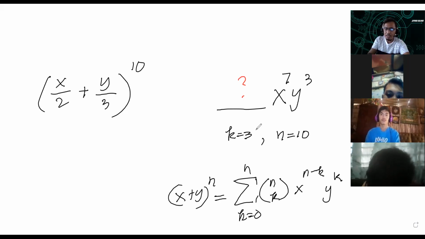When n is 10 and k is 3, we just copy it. If it were a minus, we would have negative 1 raised to k. Otherwise it is the same. So we replace all n and all k with these values. What will be the result? Can anyone tell me?